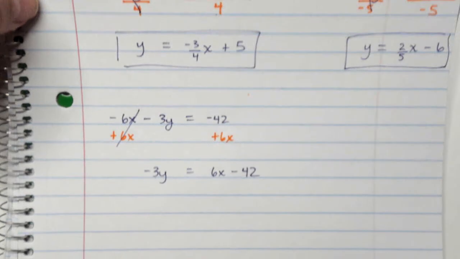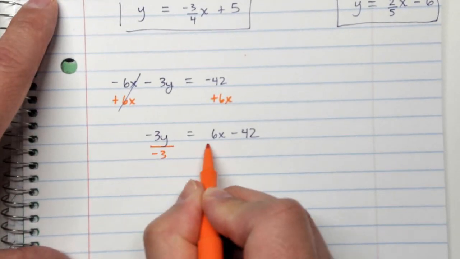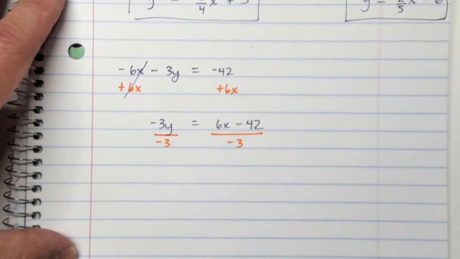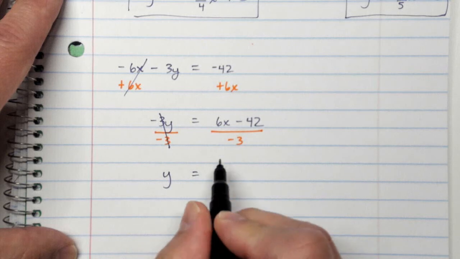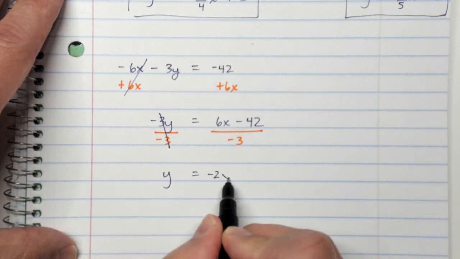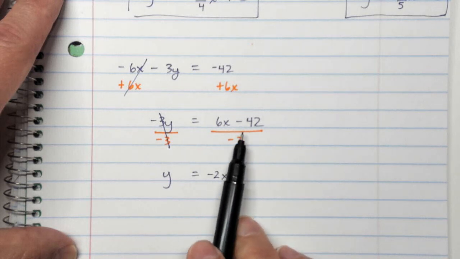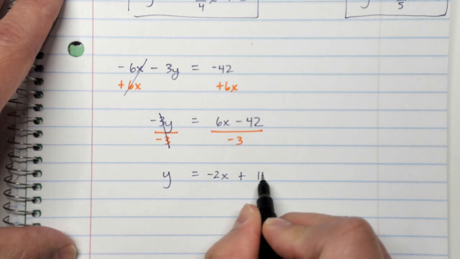And then divide both sides by negative 3. Those cancel. y equals 6x divided by negative 3 is negative 2x. And then we got negative 42 divided by negative 3, which is positive 14, I think.